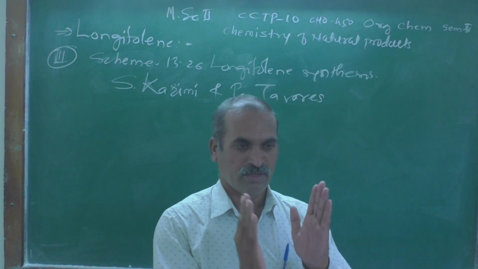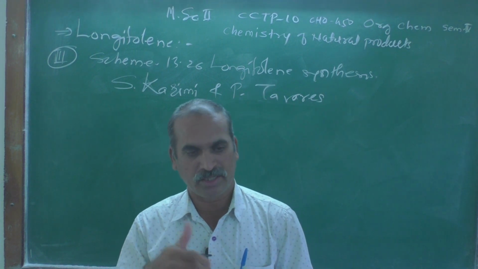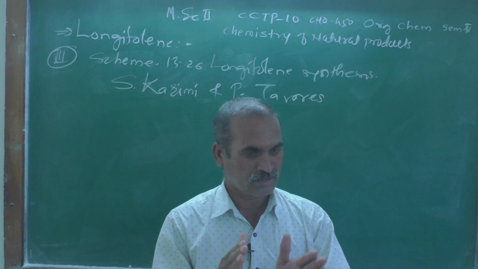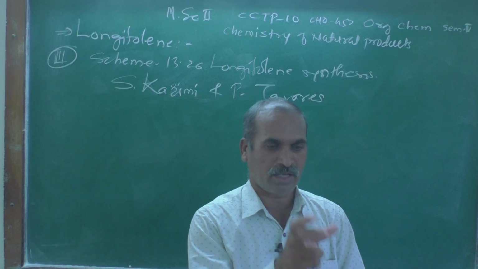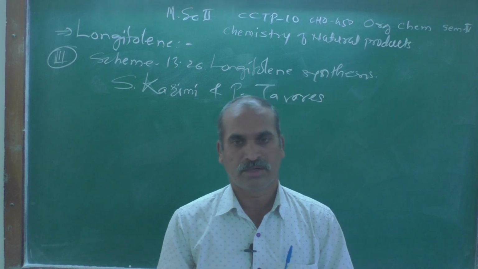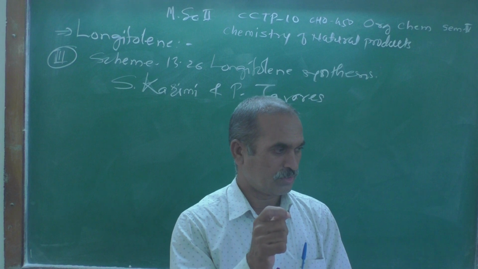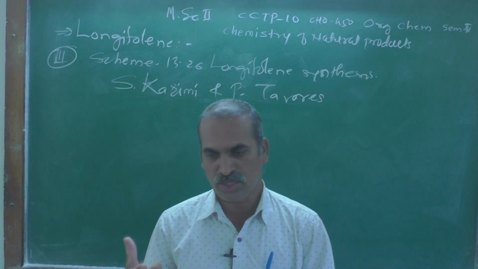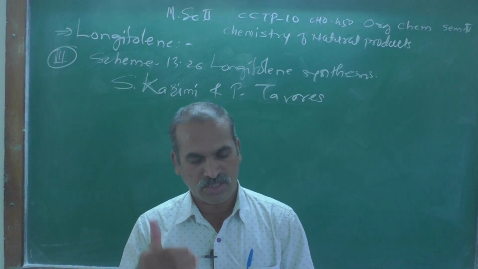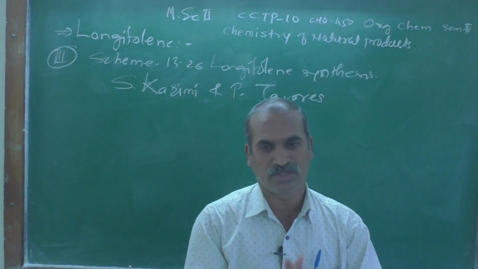In the third way, the starting material, or the precursor, taken here is the Wieland-Miescher ketone, and the reagents are added, first the A reagent.